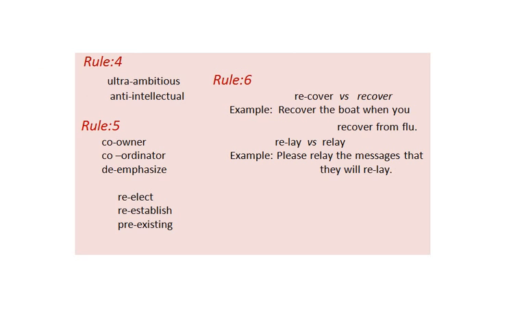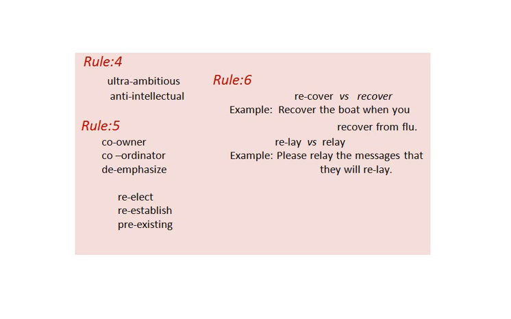Rule 4. The words are ultra-ambitious, anti-intellectual. We should hyphenate to separate two A's, two I's, or other letter combinations that might cause misreading or mispronunciation. Look at the word ultra.